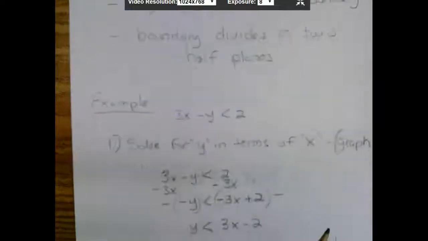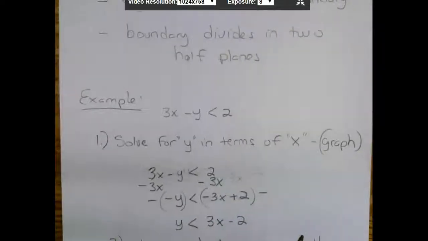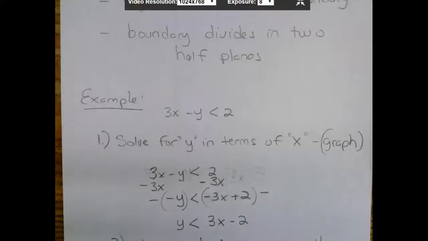So here we have 3x minus y is less than 2. Our first step is going to be to solve for y in terms of x, and then we'll graph it. So we want to turn it into y is less than something. We have 3x minus y is less than 2. We're going to subtract 3x from both sides.